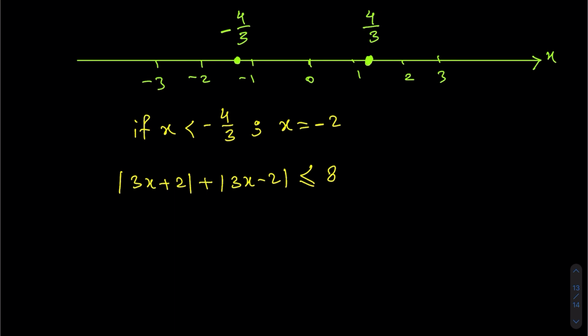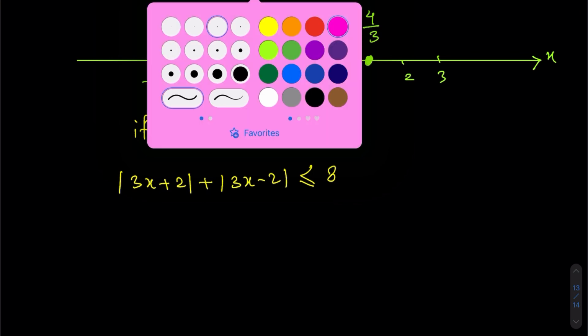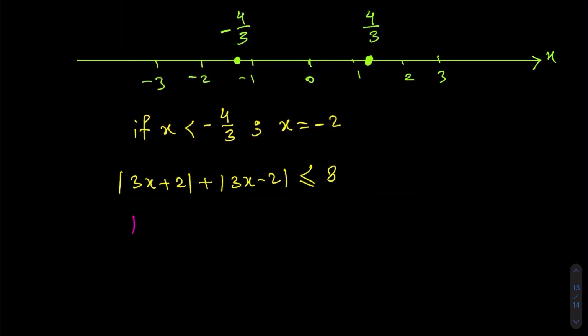Now if I substitute x by -2, this will be the absolute value of 3 times -2 plus 2, plus the absolute value of 3 times -2 minus 2, must be less than or equal to 8.